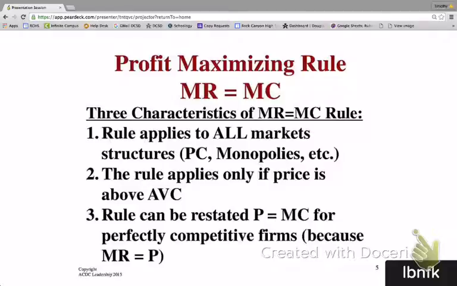If the price is below average variable cost, then the firm will shut down in the short run and produce nothing. And thirdly, the rule can be restated that price equals marginal cost for perfectly competitive firms because marginal revenue is equal to the price for a perfectly competitive firm.